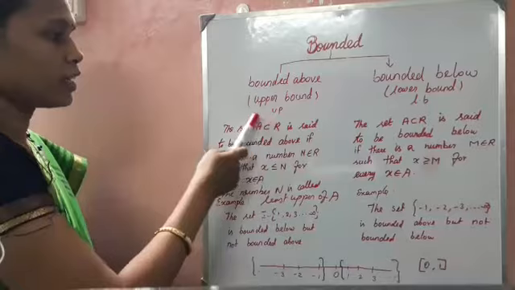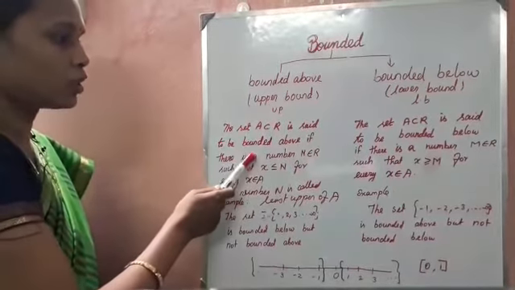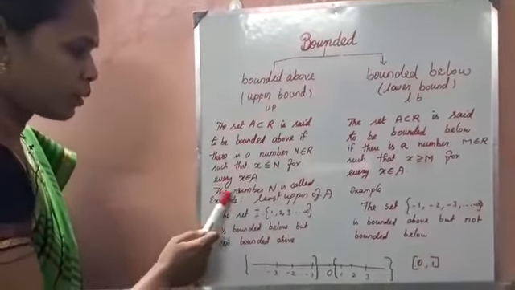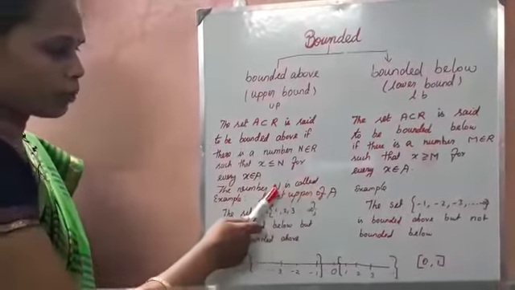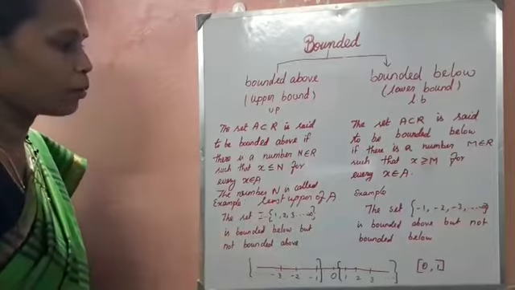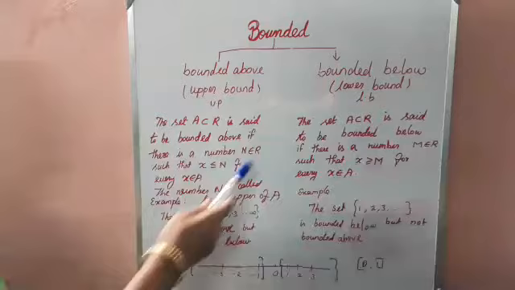Then set A is called bounded above, and the number n is called an upper bound for A.